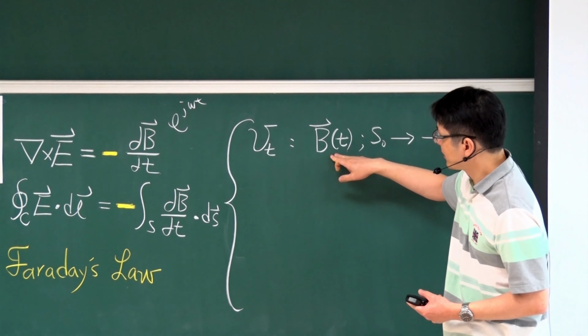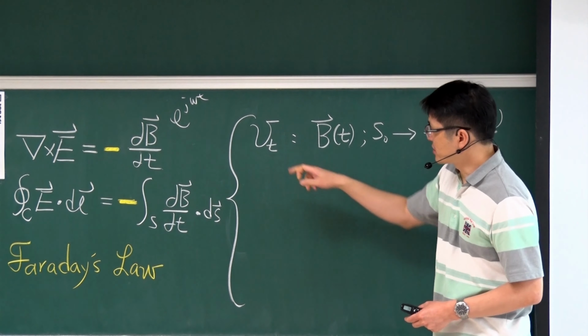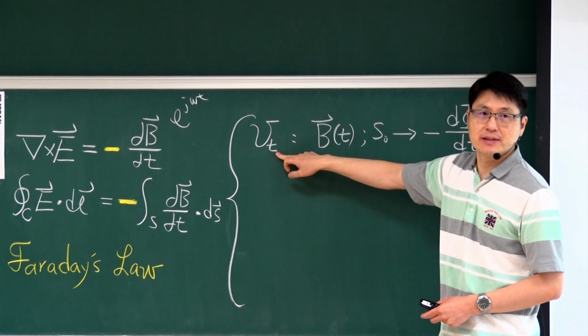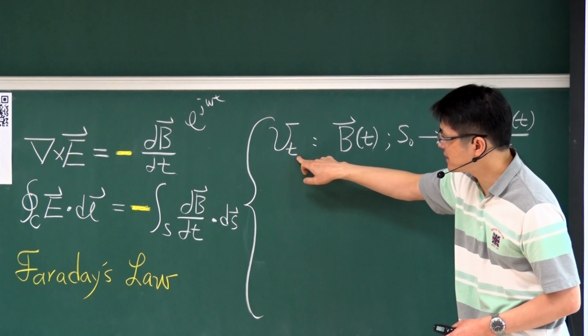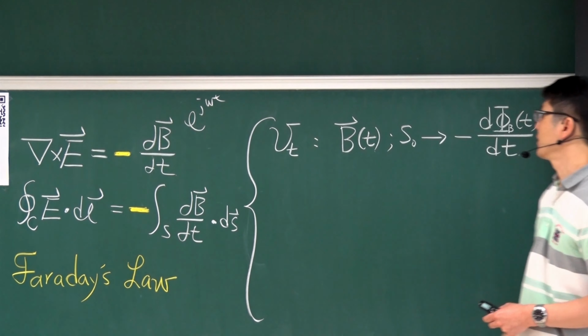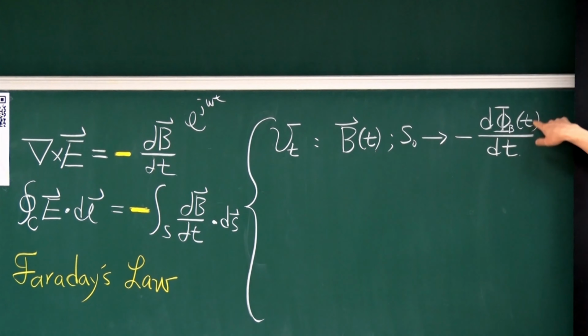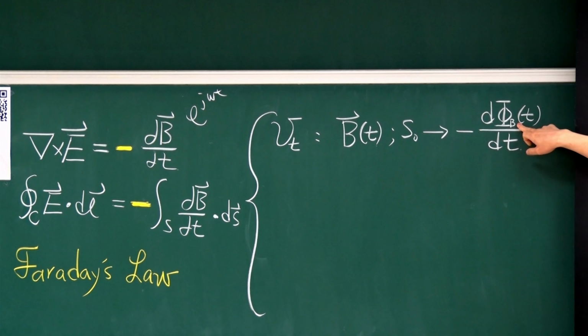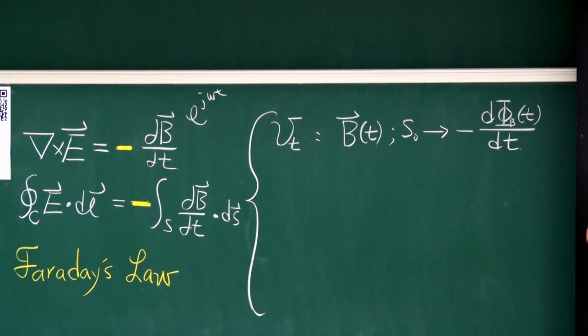So for this particular case, the E that is induced is called the transformer EMF, electromotive force. ET, T stands for transformer. So all we have to calculate is the magnetic flux as a function of time, and we find out how it changes against time.